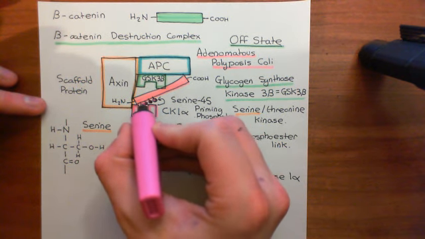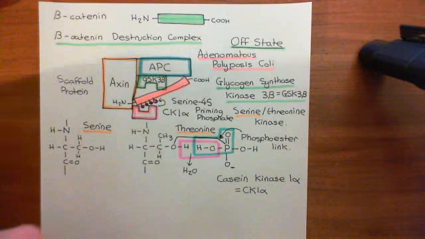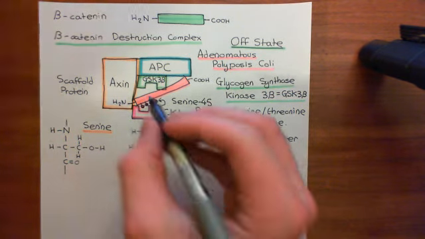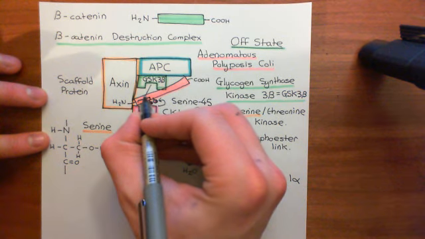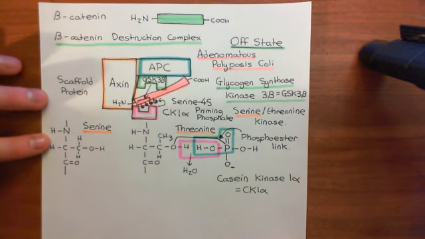So these 3 further phosphate groups that we've added on to take us up to a total of 4, all 3 of these were done by glycogen synthase kinase 3 beta.